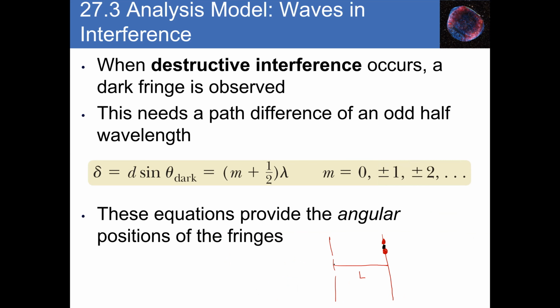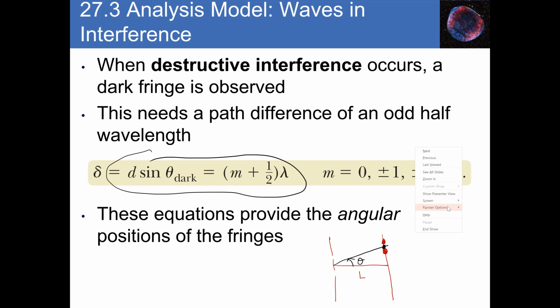What I want to know is, with respect to the central line, what is the angular position of that dark fringe? This equation will give me that. That means I can measure how many degrees it is from that central line. If it's the first one or second one, I can plug in and calculate that.